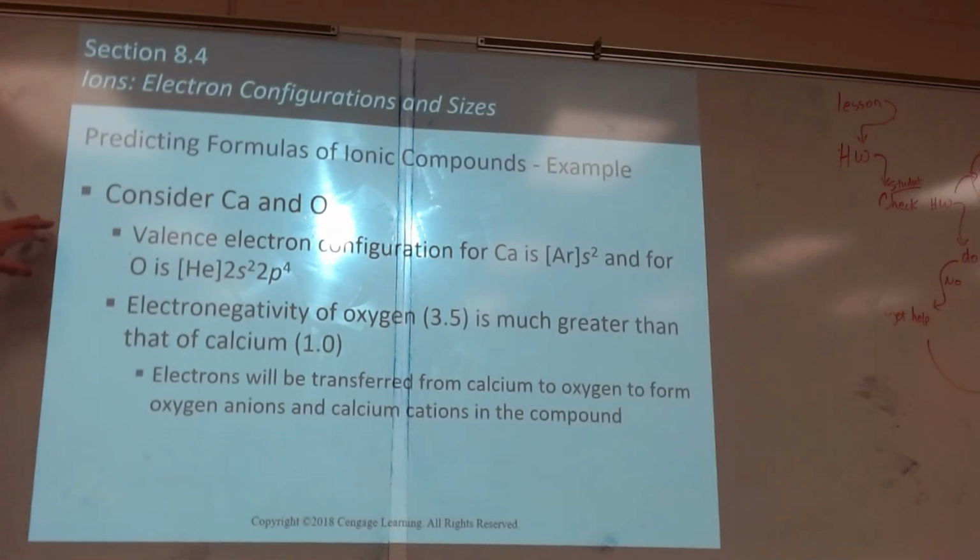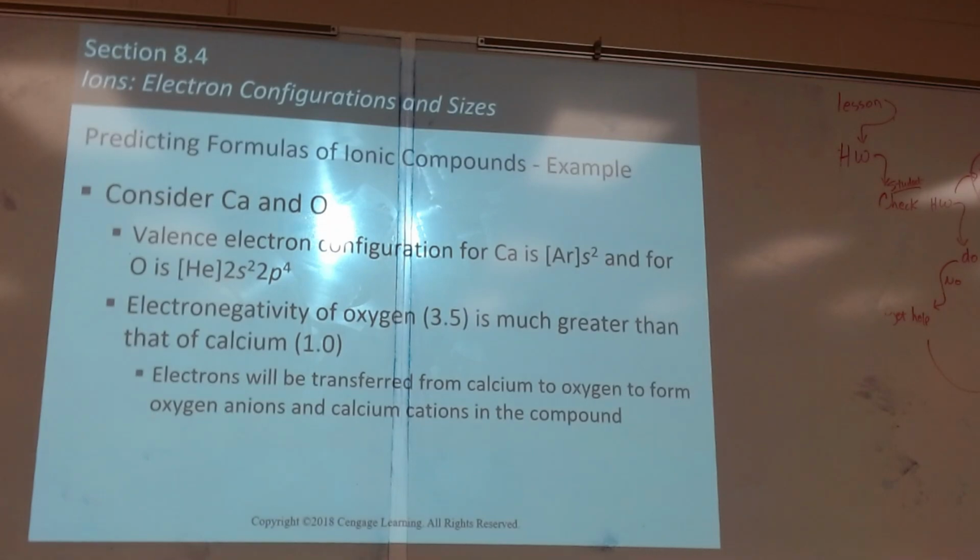All right. Our valence electron configuration for calcium is argon with 2 extra electrons, and for oxygen is helium plus 6 electrons. Okay? So the electronegativity of oxygen is 3.5, much, much greater than calcium. So the electrons will simply leave calcium and join oxygen.